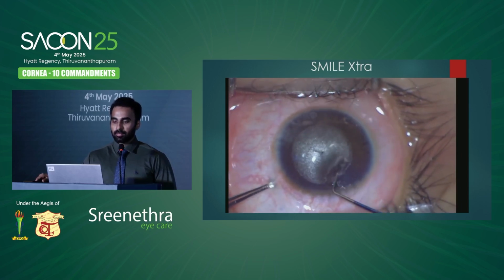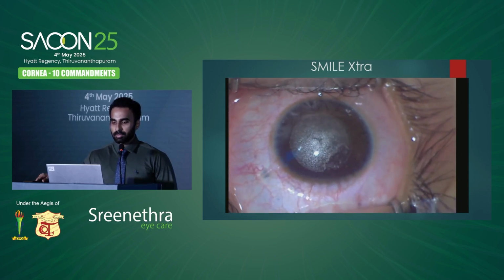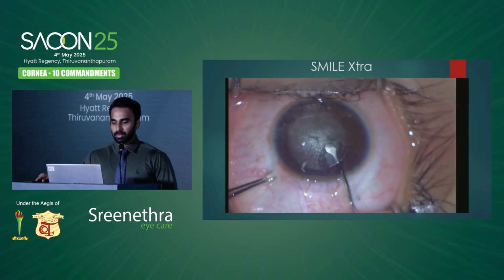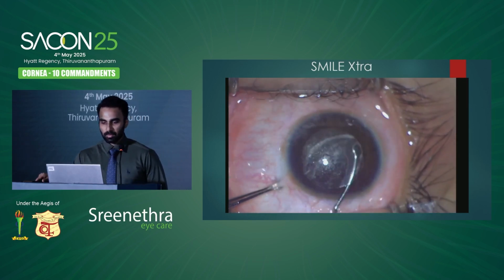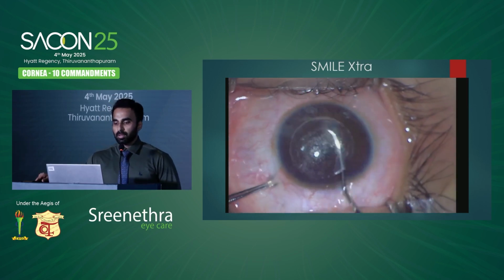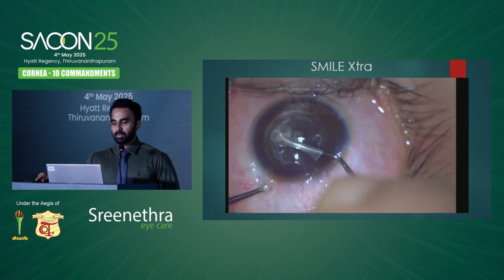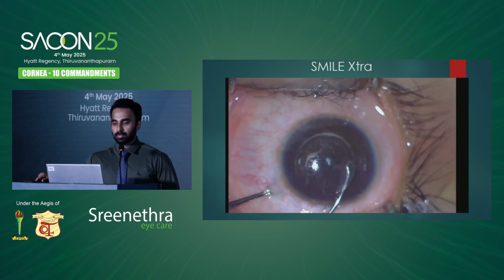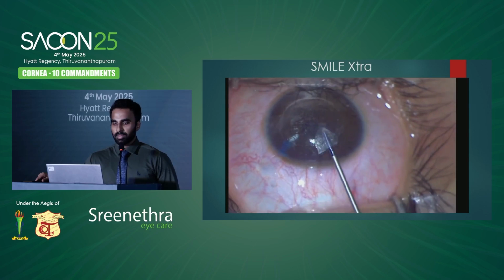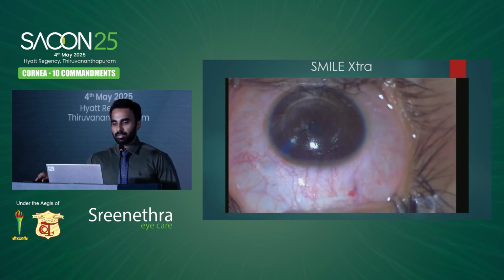We start with the anterior plane dissection and move on to the posterior plane dissection. So this is the anterior plane, and this is the posterior plane dissection. Once that is done, we just extract the lenticule, and then we can proceed with the cross-linking.